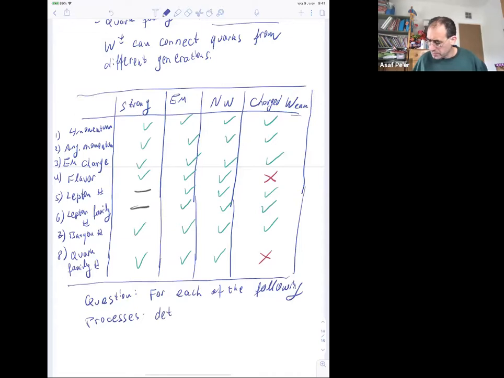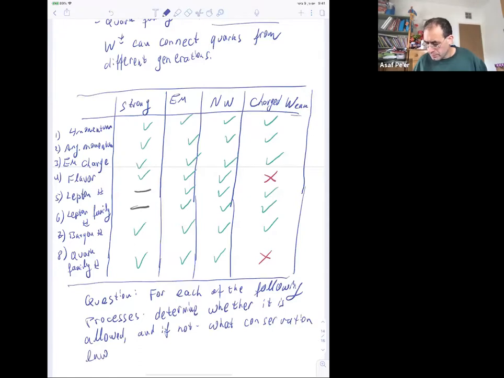Determine whether it is allowed, and if not, what conservation law does it violate?